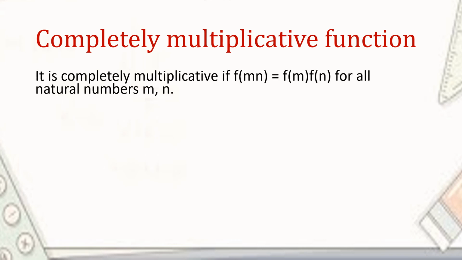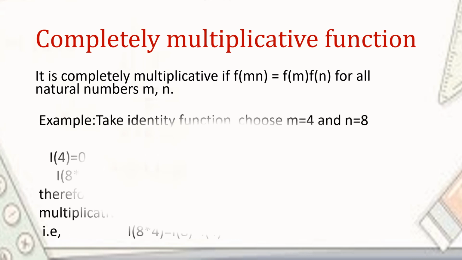Now let us see what a completely multiplicative function is. A completely multiplicative function is also an arithmetical function, and it satisfies the property that f of mn is equal to f of m into f of n for all natural numbers m and n. Here m and n need not be co-prime. Let us see one example.